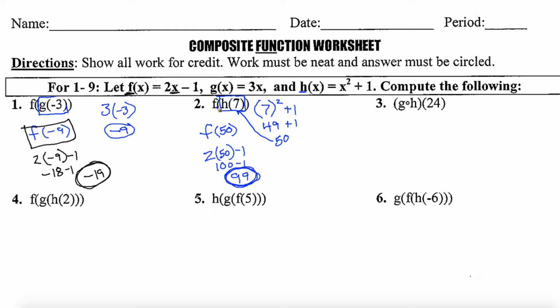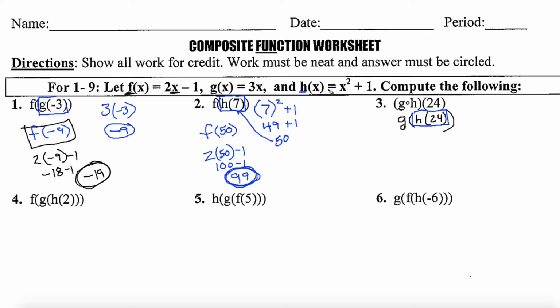Now this one looks different than this, but it's the exact same thing. I can rewrite this as g of h of 24. Same thing. Those two are identical. So let's start in the middle, h of 24.